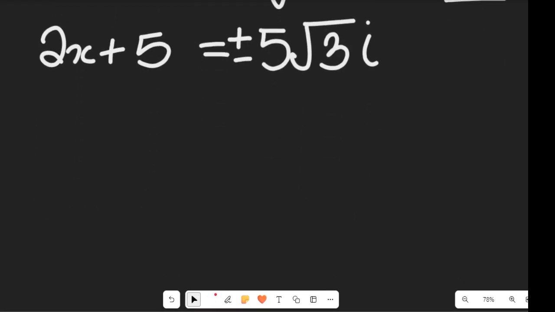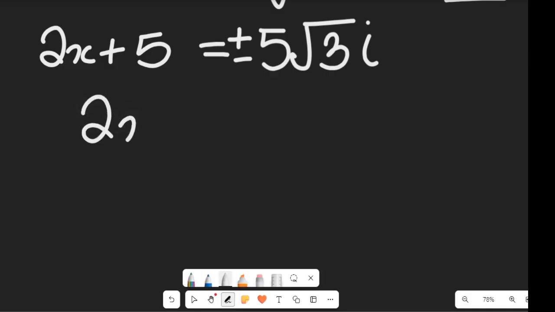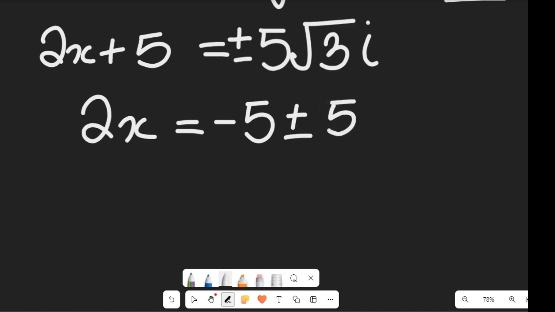So if we simplify this further, we're going to have 2x to be equal to negative 5, if we subtract 5 from both sides, negative 5 plus or minus 5 root 3j, right? Good.